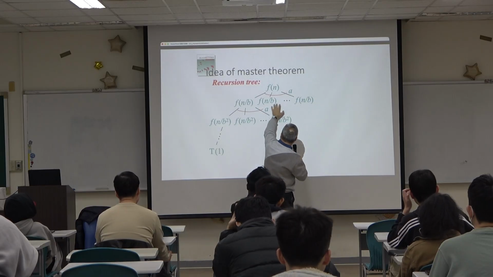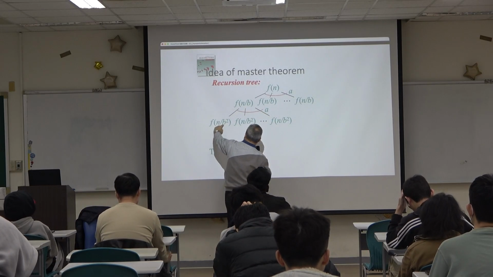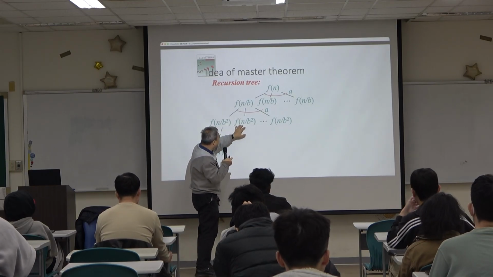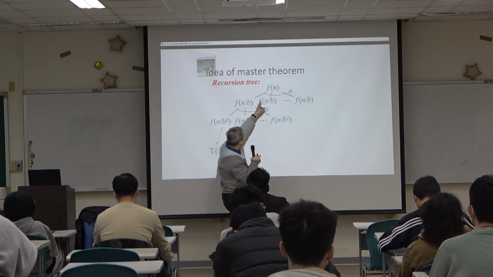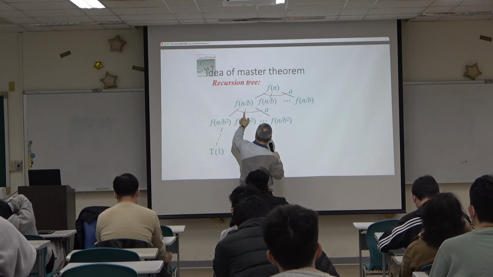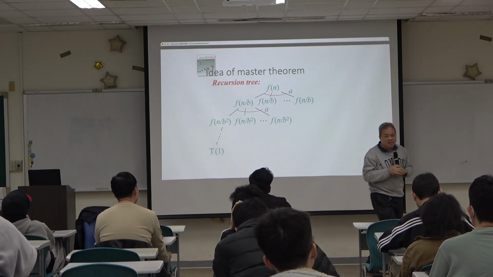Then you expand it once more, and you get f(n/b), and then T(n/b squared), T(n/b squared), and so on. Here you have a number of terms, and this one you have a number of terms, and so on. So this is the basic idea of the master theorem.